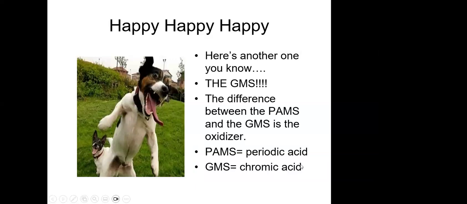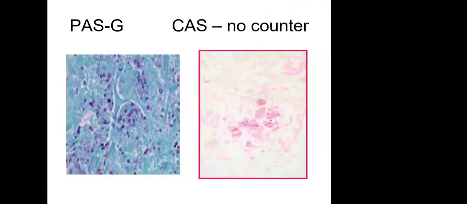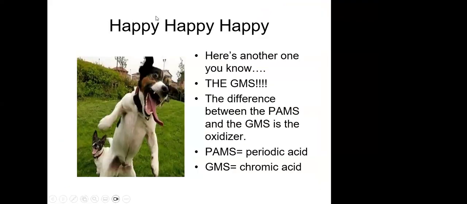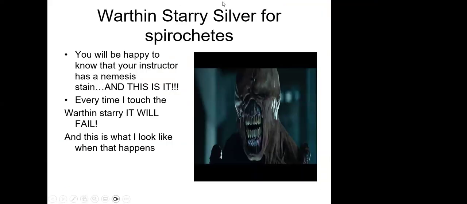Again, we're going after the bugs, right? The fungus with that chitin cell wall. If you remember, the fungus has chitin, and you have to oxidize it harder, so it should always bring to mind the idea that it's not periodic acid, but rather chromic acid, because you've got to get through that chitin.